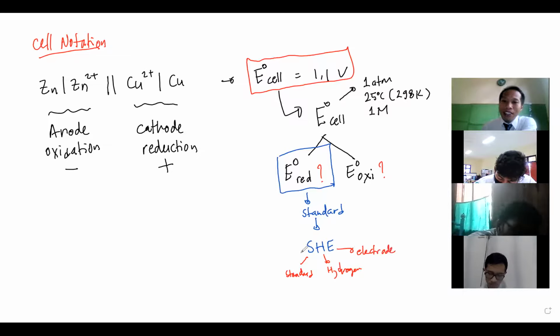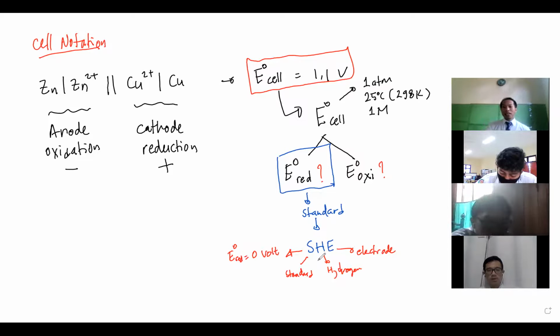It is the standard. The E0 reduction for the standard hydrogen electrode is always 0. So the E0 reduction of the other elements can be found according to the SHE.